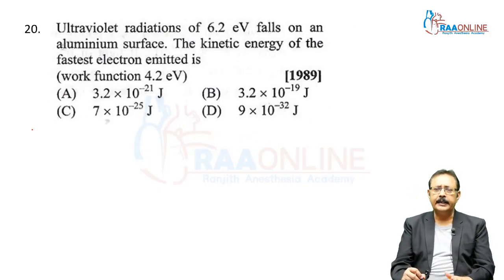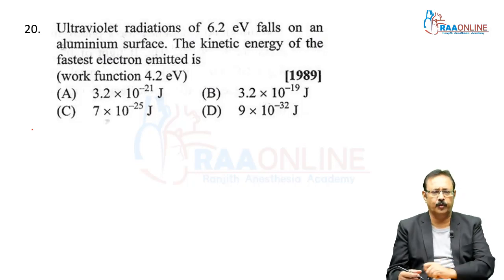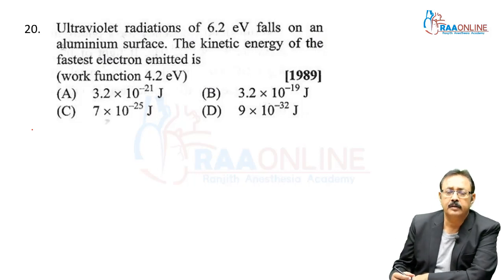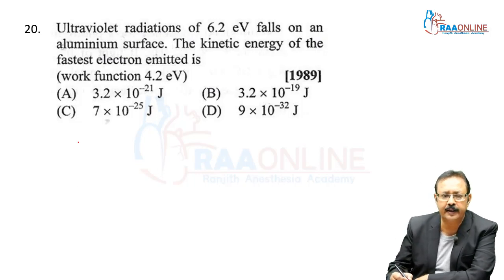Again, it is from 1989 AIPMT. Ultraviolet radiation of 6.2 electron volt falls on an aluminium surface. The kinetic energy of the fastest electron emitted is, work function is given 4.2 electron volt. I told you, when you are sending a photon of energy h nu towards a metal surface, it will divide in two parts.